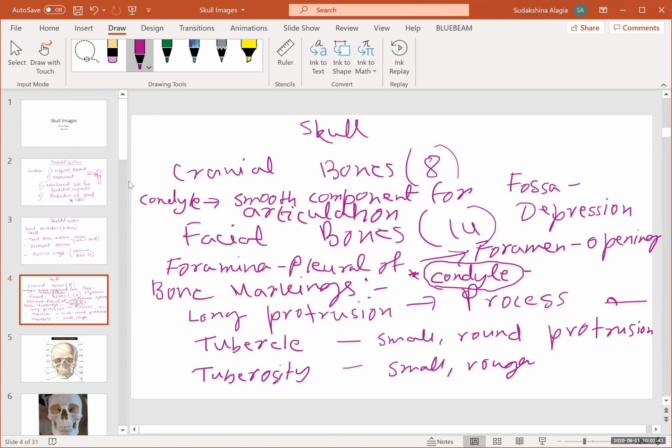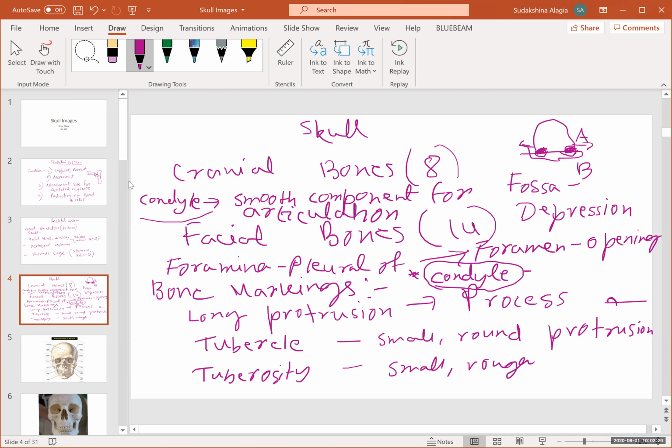Let's say this is your bone B and here is your bone A. Bone A sits on bone B and bone A should be capable of rotating or side-to-side movement, any kind of movement. That literally means there has to be a part of bone A that sits into maybe grooves of bone B. So these parts, the component of bone A that would be slightly larger, a little bulge, we'll refer to those as condyle.